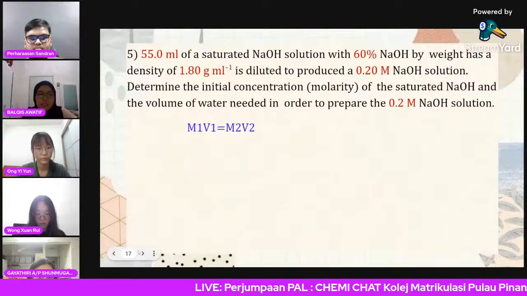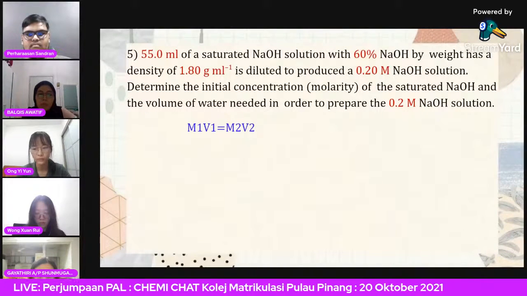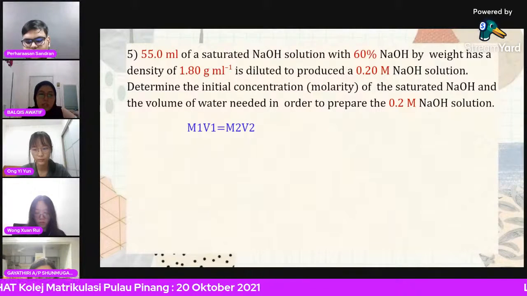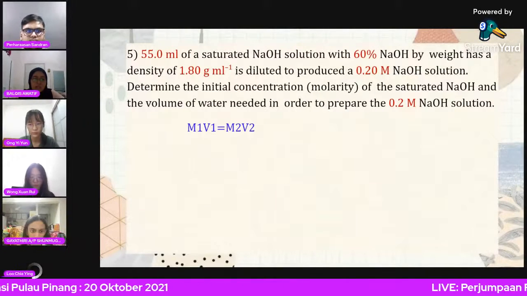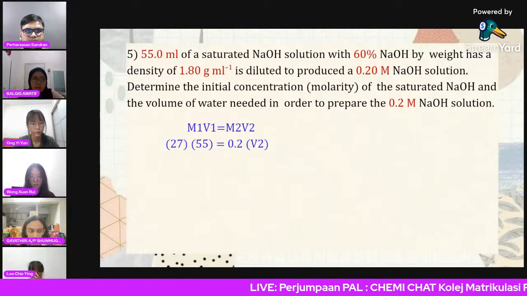Okay, next we're going to find the volume of water needed. So we use the formula M1V1 equals M2V2.